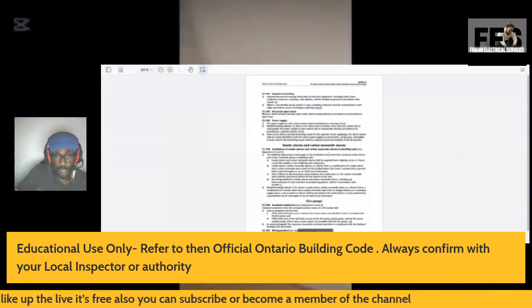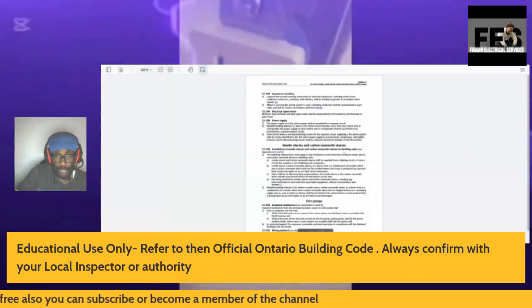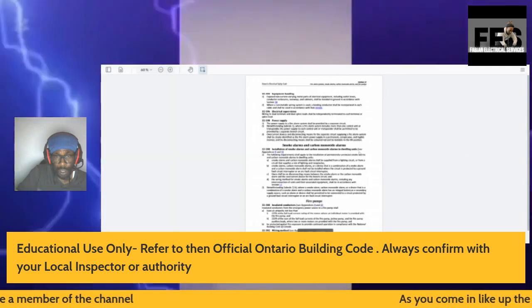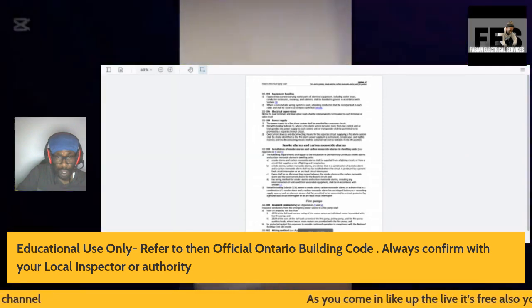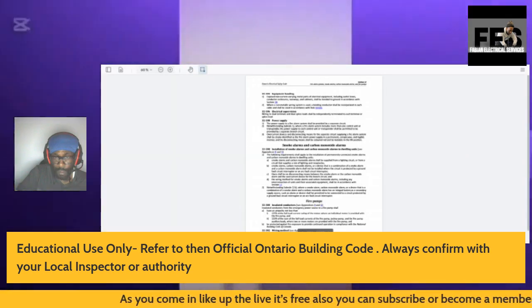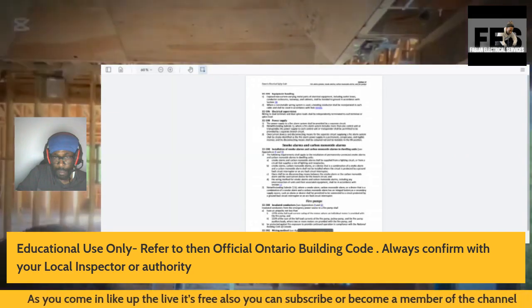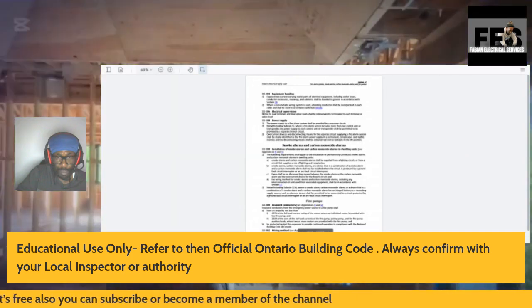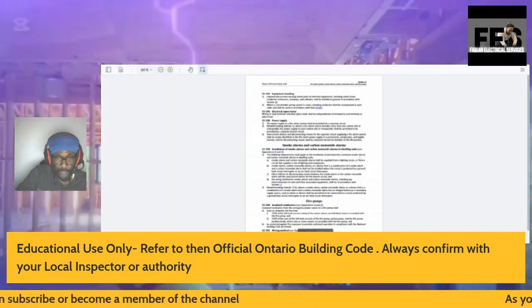Installation of smoke alarms and carbon monoxide alarms in dwelling units. The following requirements shall apply to the installation of permanently connected smoke alarms.